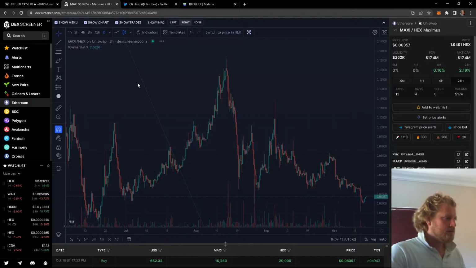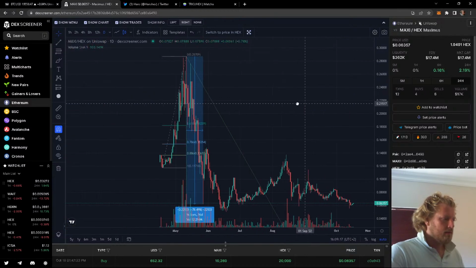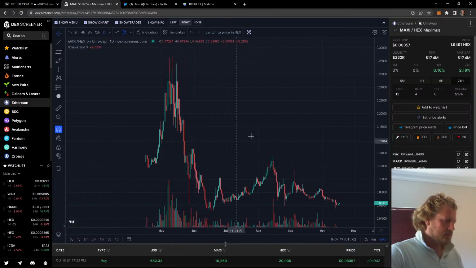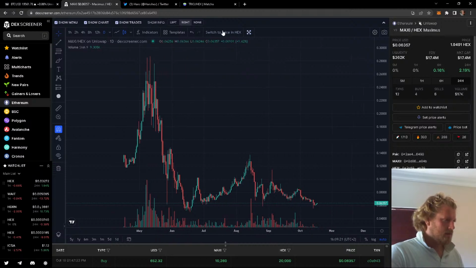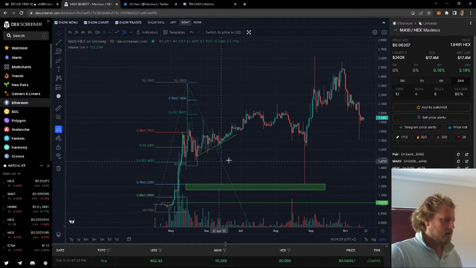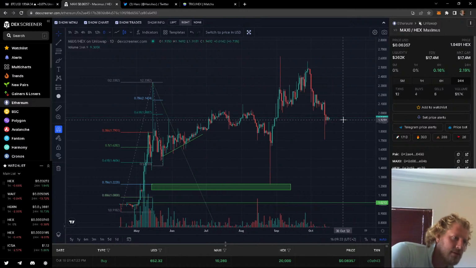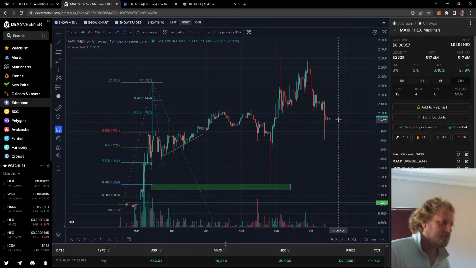I've only looked at the trio. Okay, let's just remove all these things. Switch to the Hex ratio, because that shows the Hex price, right? Okay, yeah, so we're just below 2 times the value of Maxi versus 1 Hex.